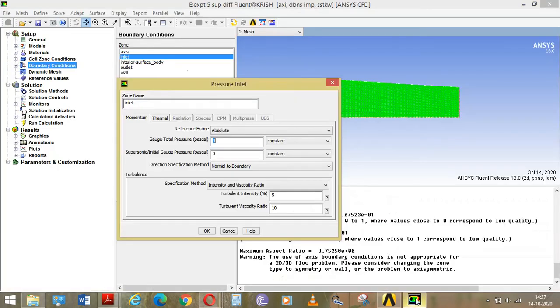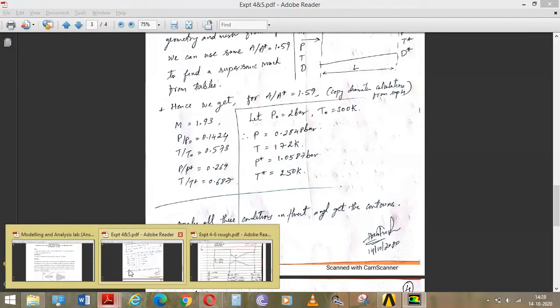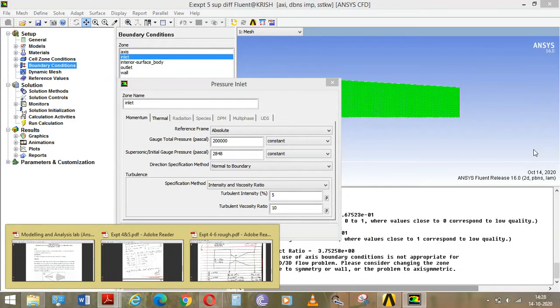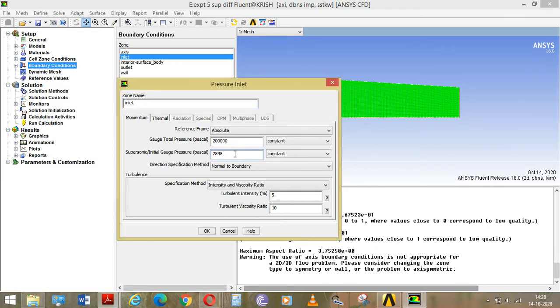0.2848 bar. So gauge total pressure is P naught, total pressure, 2 bar, and the static pressure is 0.2848 bar.